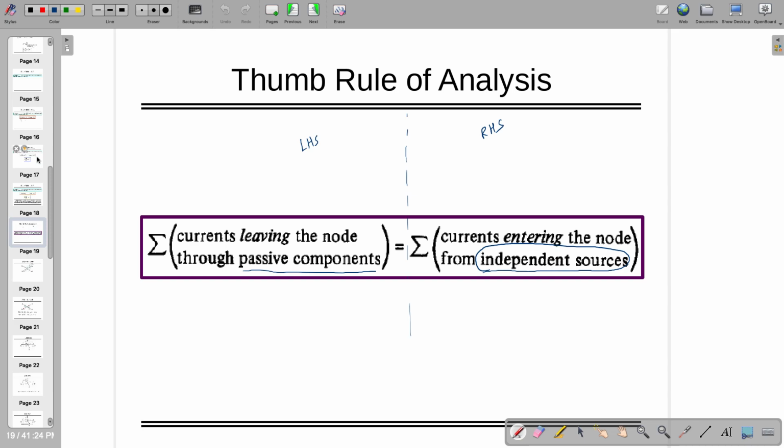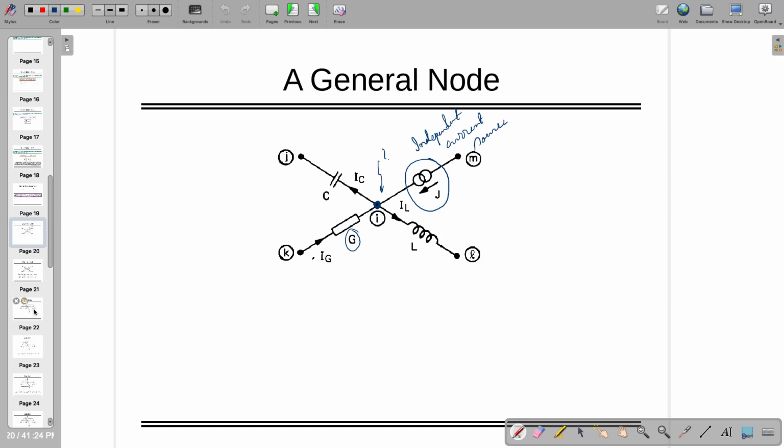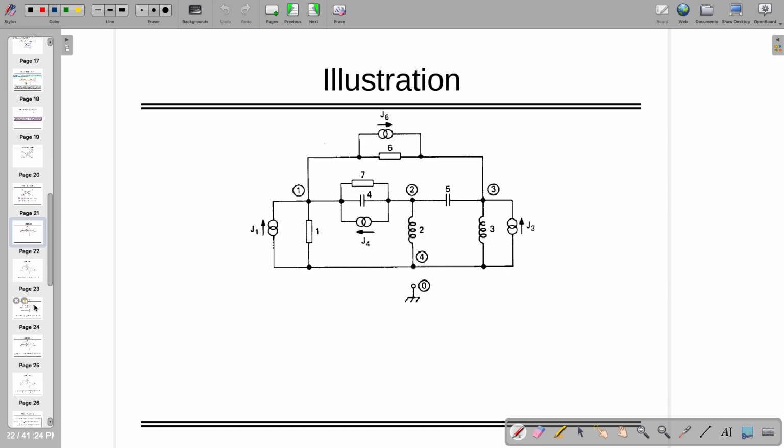We are following this thumb rule because that current source is independent, so we keep it on the separate side, the right hand side, not the left. We are doing this to build up the admittance matrix. Are you following? Till now everything is KCL, nothing difficult.